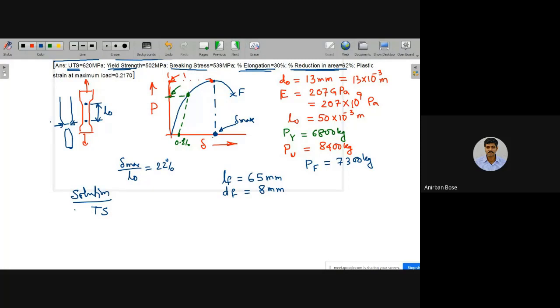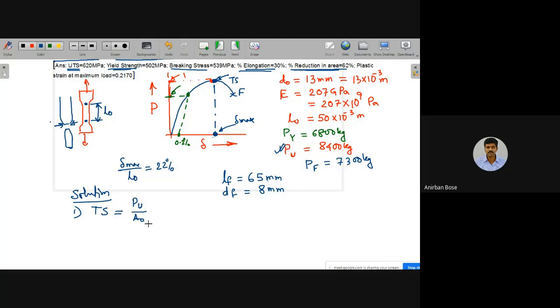The tensile strength will correspond to the stress at the maximum load. So this point corresponds to the tensile strength. What is the corresponding load? We already know the load is Pu. So the tensile strength corresponding to the ultimate point is Pu divided by the initial area.